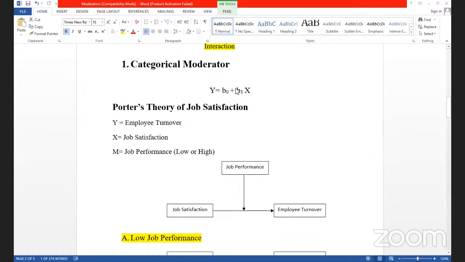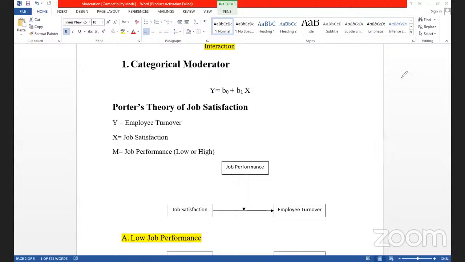I will explain this categorical moderator through Porter's theory of job satisfaction. In this diagram, we can see there are three terms: employee turnover, job satisfaction, and job performance. First of all, we should define the variables.